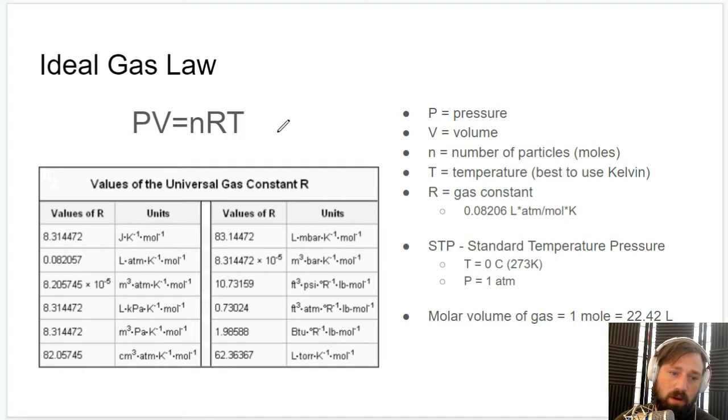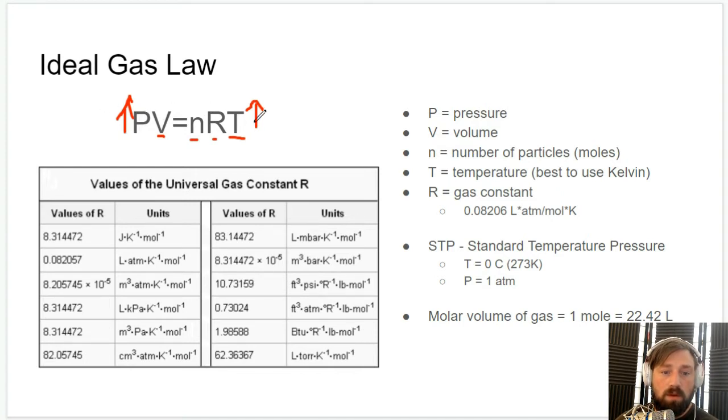So you can do that with all of these guys, not just with volume. If I increase pressure, what's going to happen to the temperature? Well, if I increase pressure, volume stays the same, number of moles remain the same, and R remains the same. The temperature is also going to increase.